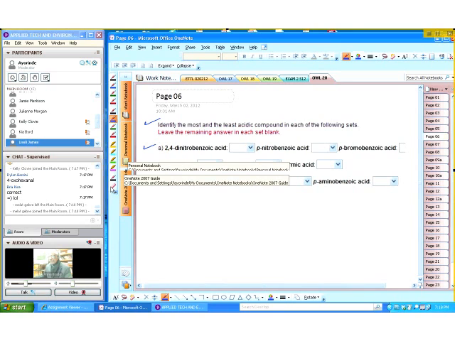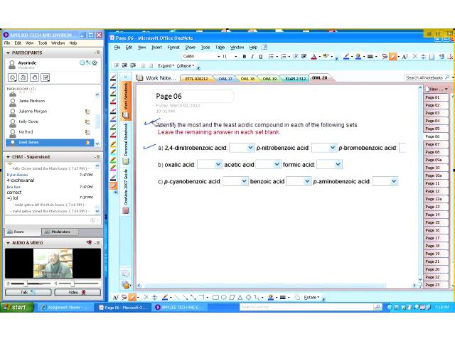Now, before we do that, let me give you a little bit of background information. Anytime you are referring to acidity, that a molecule is acidic, according to Bronsted acid-base definition.